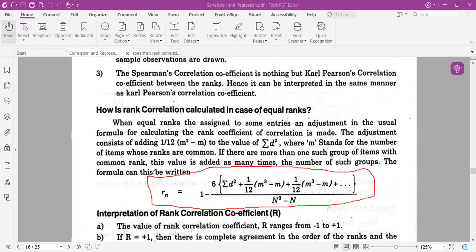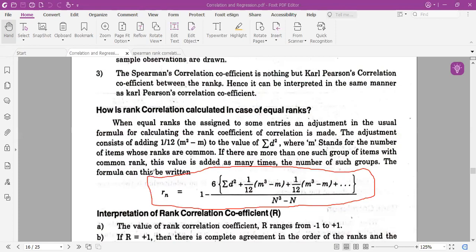So here we'll be taking one variable called m. m basically tells how many times a particular value is repeated. Suppose there are two repetitions, then you will have m1. If there are three sets of repetitions, then you will have m1, m2, and m3.